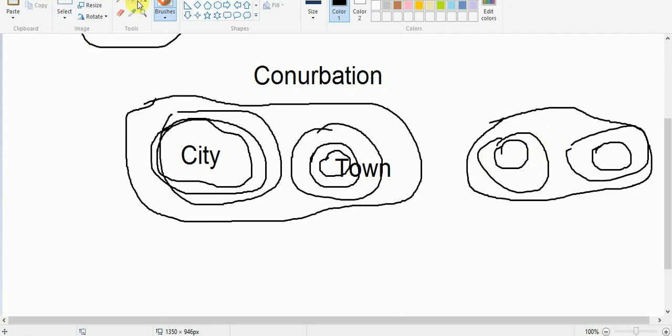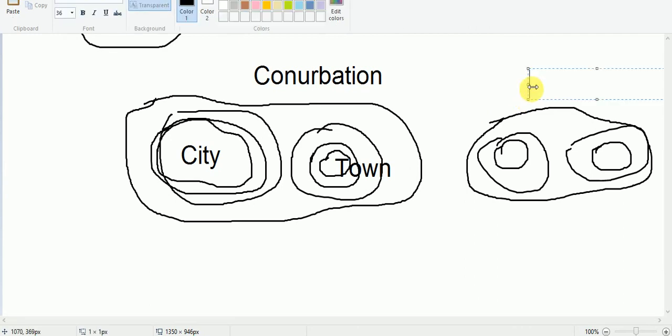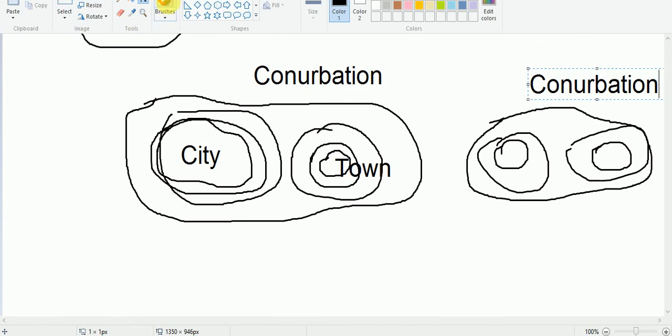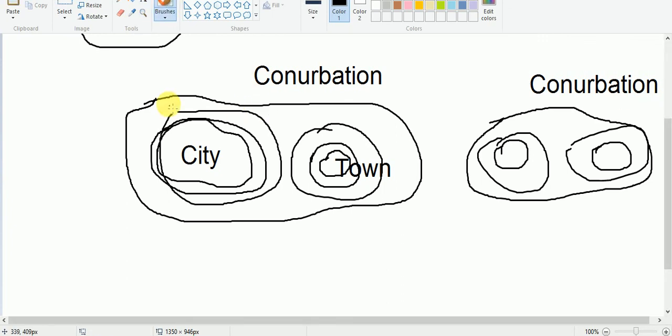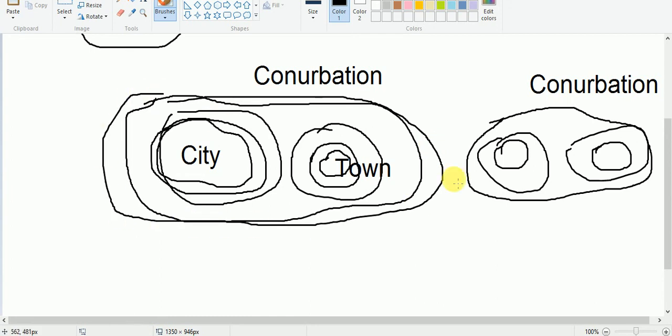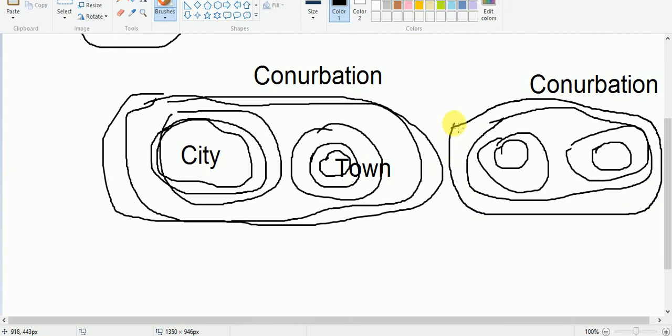As time passes, in due course this conurbation will grow in size, and this one also will grow, and in the long run these 2 conurbations will merge together.